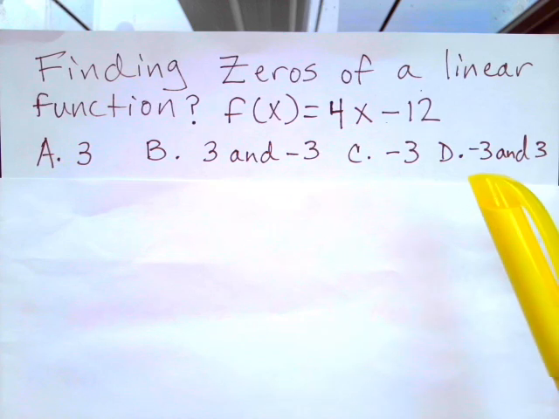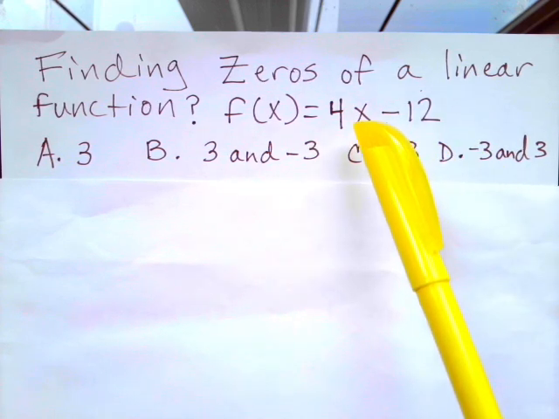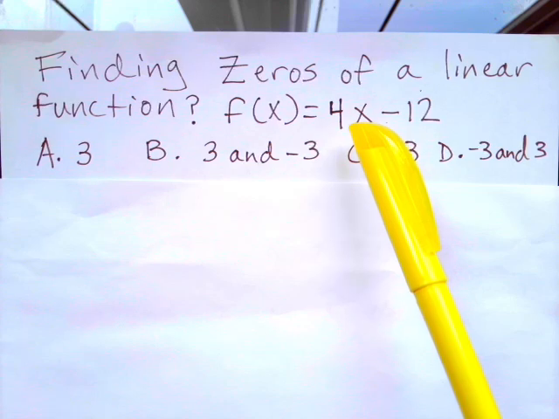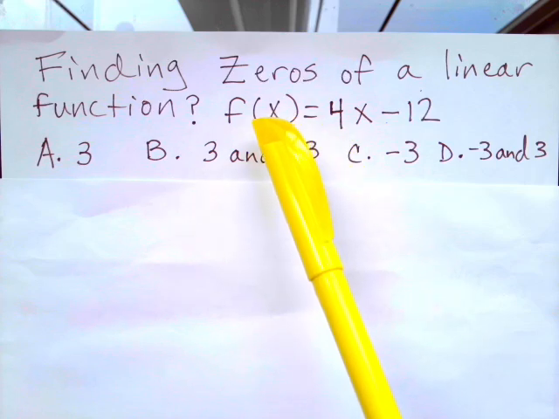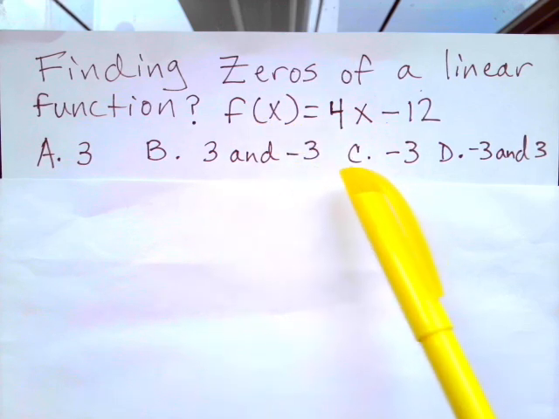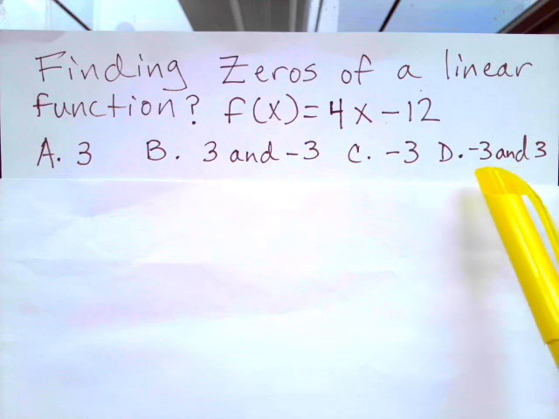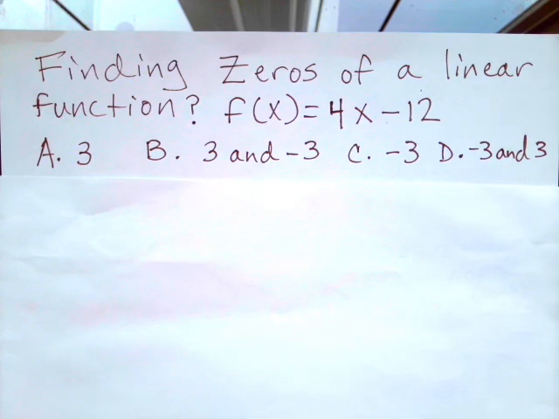So if I substituted a negative 3 here for x, 4 times a negative 3 is negative 12. Does negative 12 plus a negative 12 equal 0? No, it does not. So it must be both. We're going to go through and take a look at that.